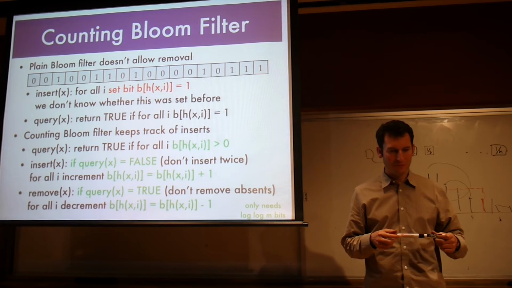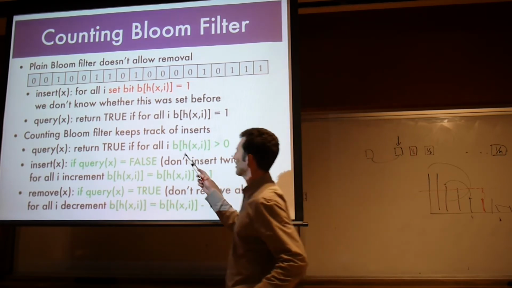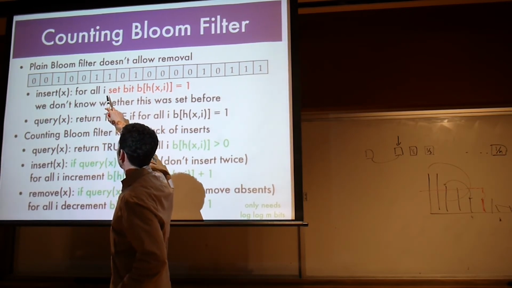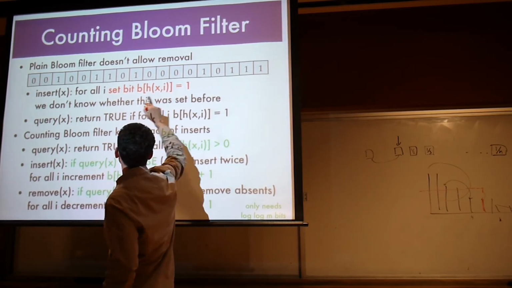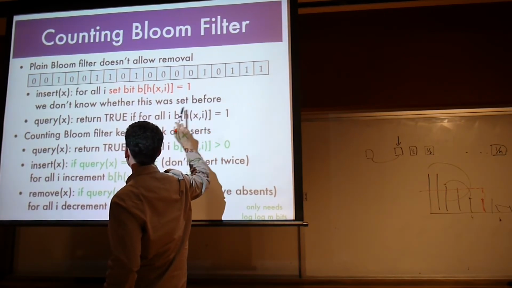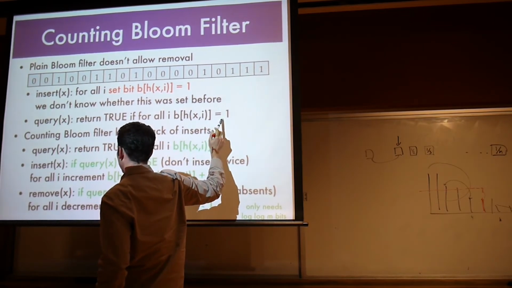and basically here's what it does. In a plain Bloom filter, if we see an element, we just set all those bits to 1, but we don't really know whether these were set before, and for the query we return true if all those bits are set to 1.